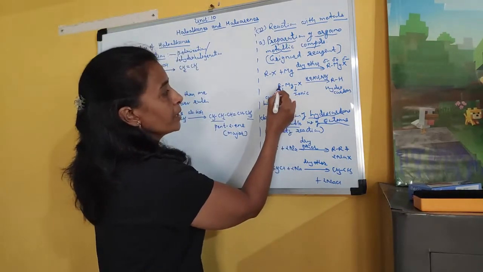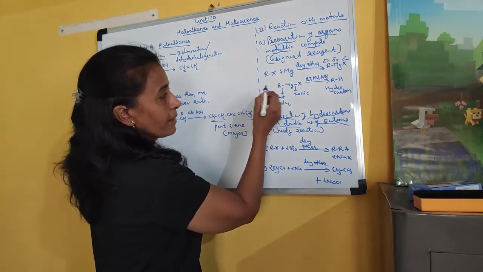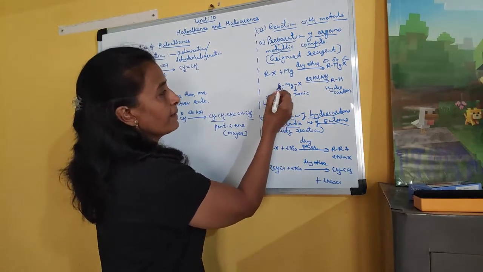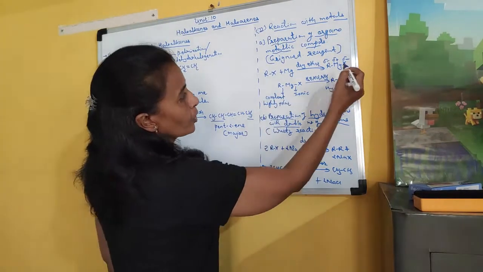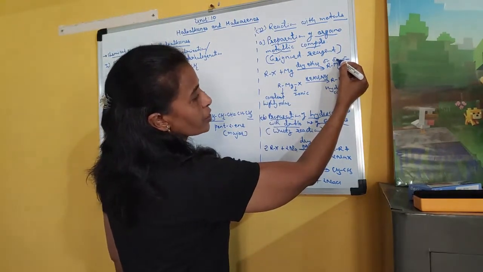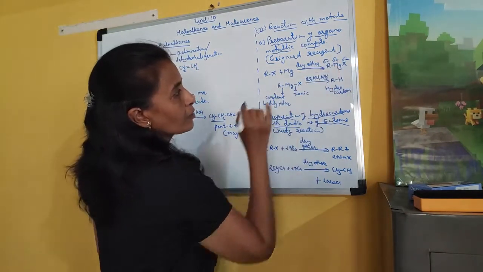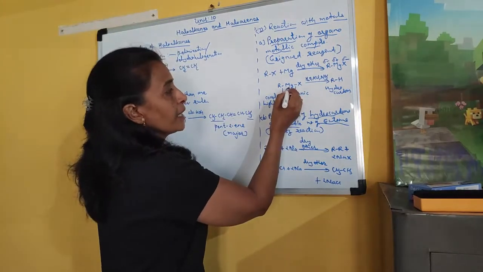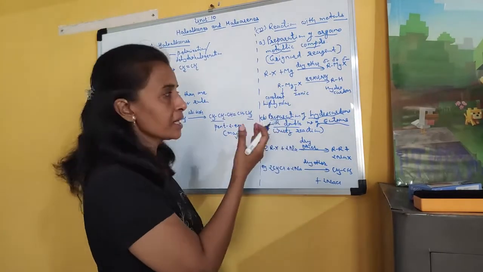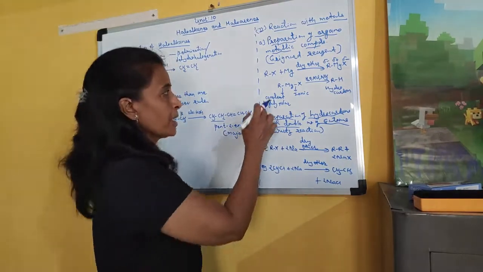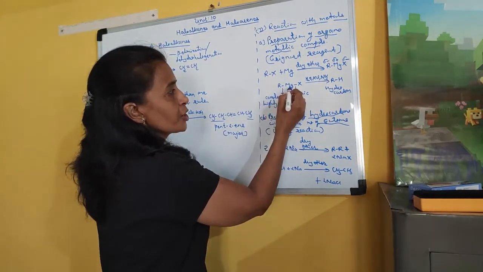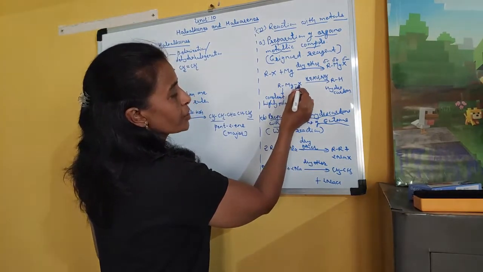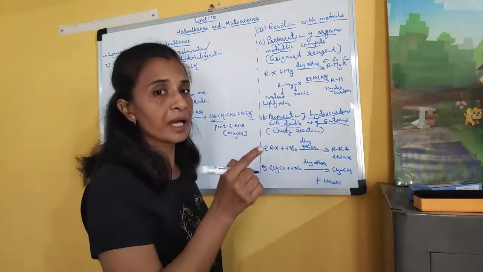So this alkyl group will attract the electrons of the metal towards itself, and that is why the bond becomes highly polar. So magnesium will acquire partial positive charge and alkyl group will acquire partial negative charge. Is that clear? And as the electron of magnesium metal is pulled by this alkyl group, magnesium is becoming more positive, and that is why the bond between magnesium and halogen becomes ionic.